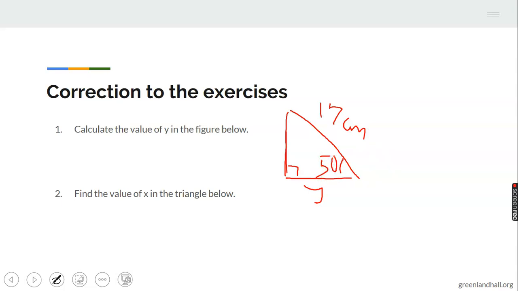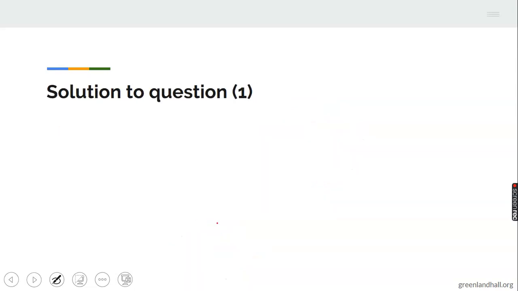The second one is you have a diagram like this. Also right angle. This is angle 30. This is x and 10 centimeters. Okay, we have to find the unknown side. Let's start with question 1.